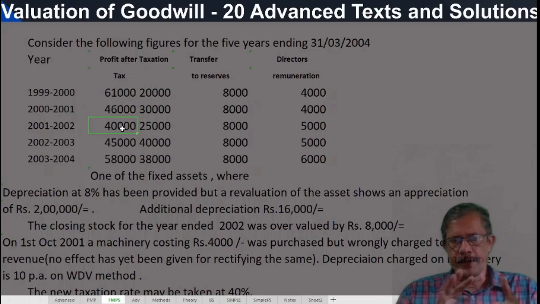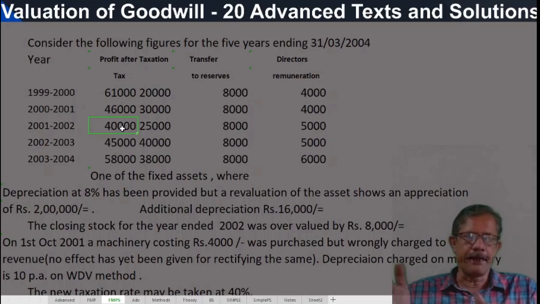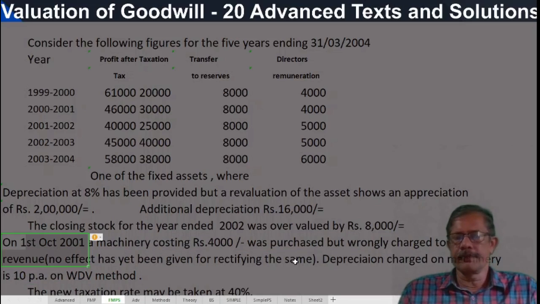And then if a revenue item is treated as a capital item, what will be the effect? If depreciation is there, that depreciation should be taken into account. So here, 1st October 2001, machinery costing 4,000 was purchased but wrongly charged to revenue. No effect has yet been given for rectifying the same. We have to rectify it.